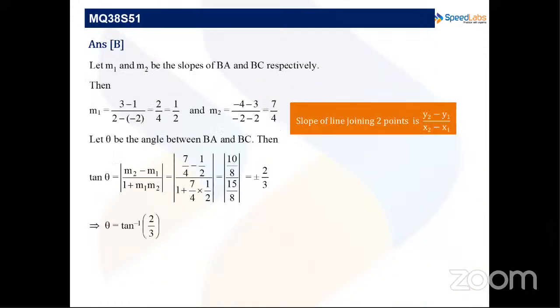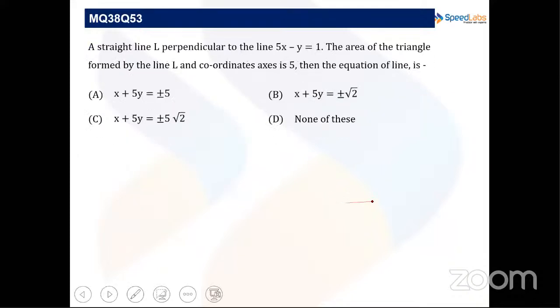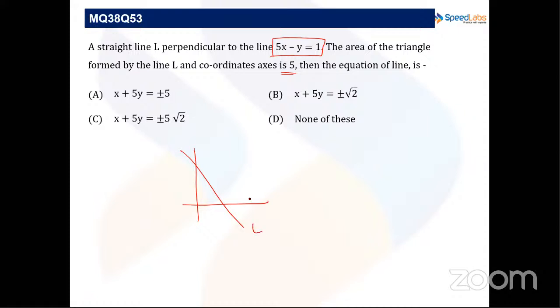Now, moving to the next question. A straight line L is perpendicular to the line 5x minus y equals 1. The area of the triangle formed by the line L and the coordinate axes is 5. Then the equation of the line is... We are having a straight line L which is perpendicular to this line, 5x minus y equals 1.